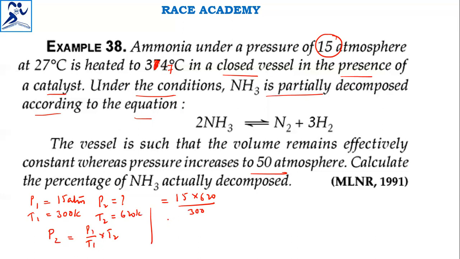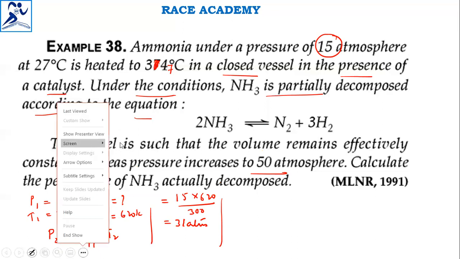Upon simplification, the pressure we got is 31 atmospheres. So the pressure is 31 atmospheres, keep it in mind. After that, we have to consider 1 mole of NH3, as said earlier, and I will do it on the screen.